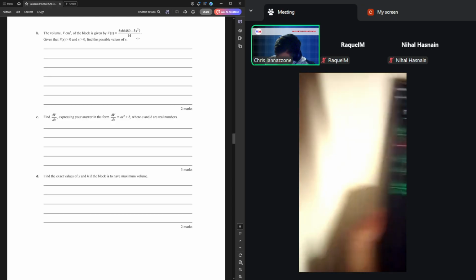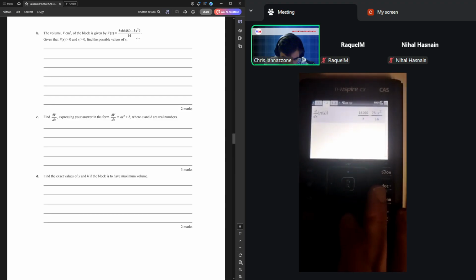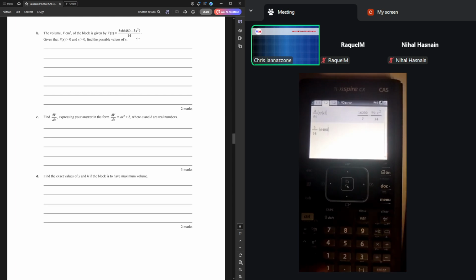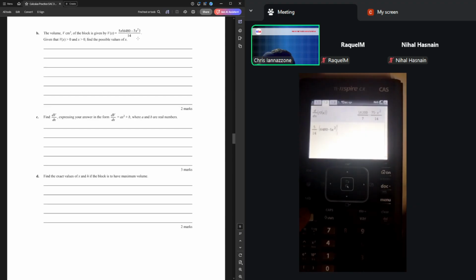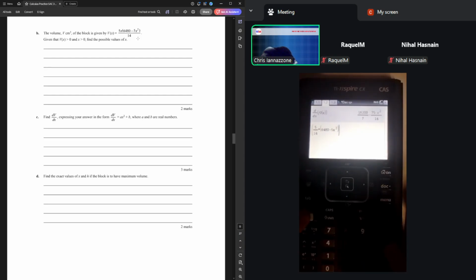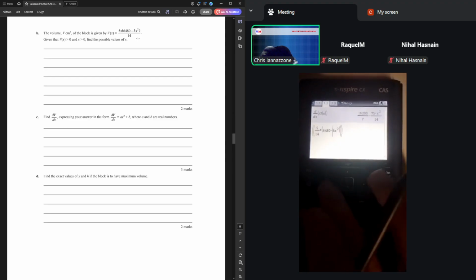If I just punch that first bit into the CAS, go 5 on 14 times bracket 6480 minus 5x squared, which is also on 14. It's not going to work, is it? Fine, we'll just factor it on the bottom.